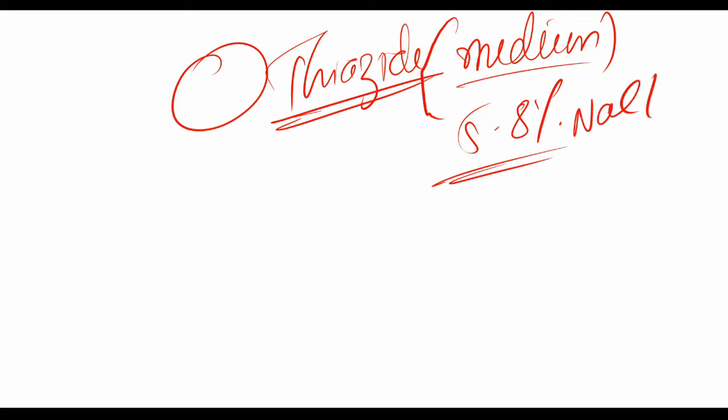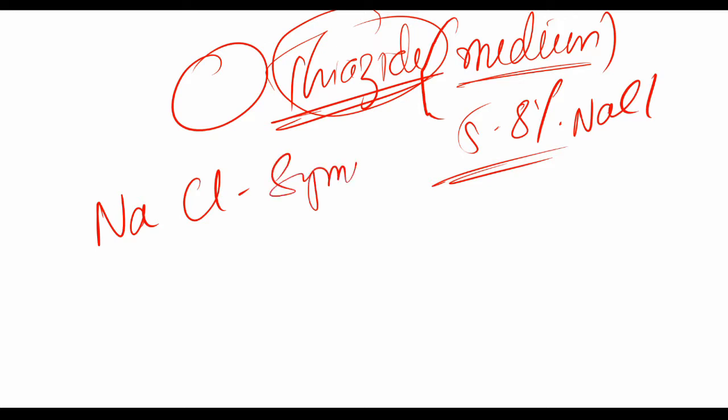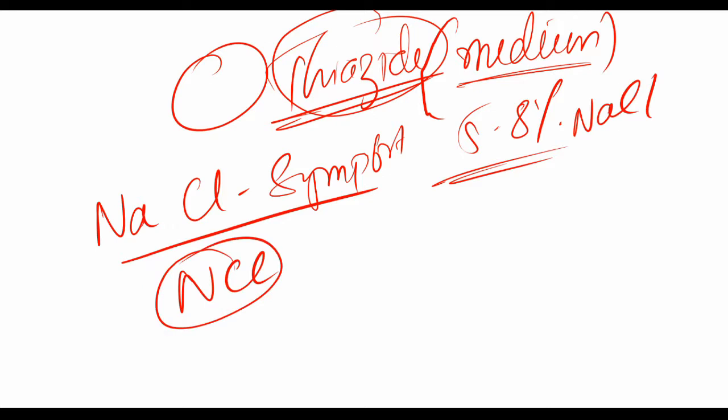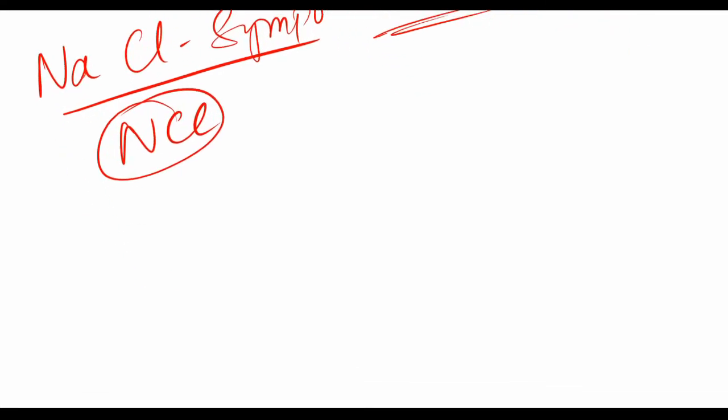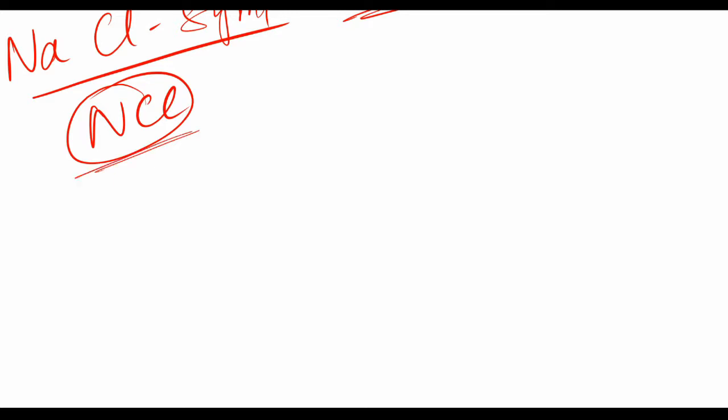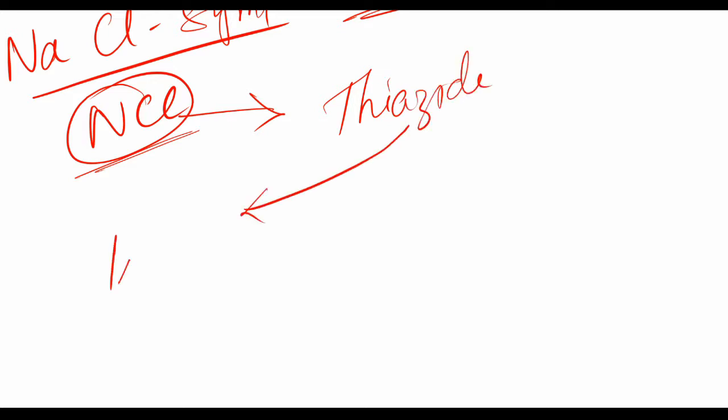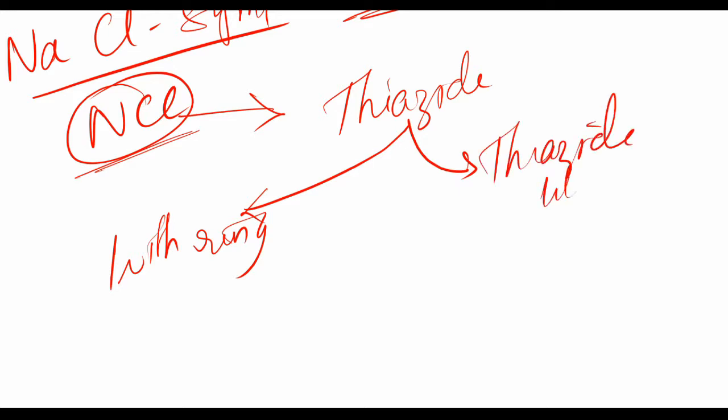These drugs act on the sodium chloride symport channel, or the NCC, which is the name of the symport. The drugs acting on this, in broad terms, are called thiazide diuretics: the ones with the thiazide ring are thiazide diuretics, and those which do not have the thiazide ring but still act like thiazides are called thiazide-like diuretics.